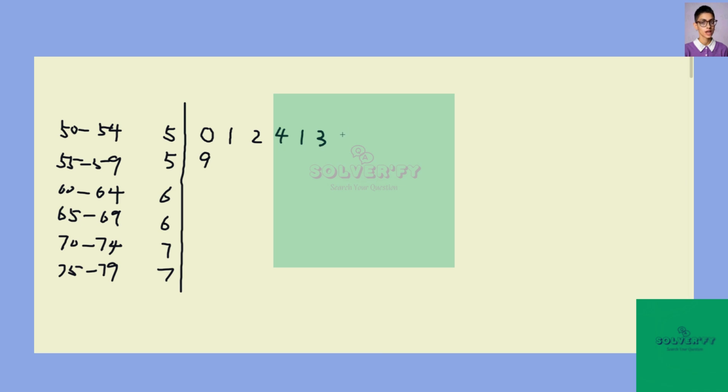Okay, now let's go on to our next row of data. It starts with 54, then 50, then 58, then 51, then 54, then 53. Okay, it seems that we have a lot of numbers smaller than 55.